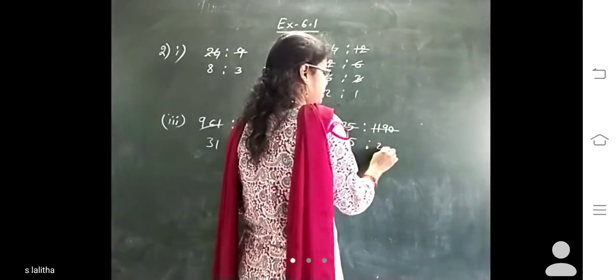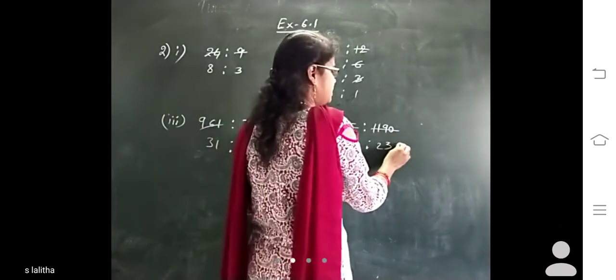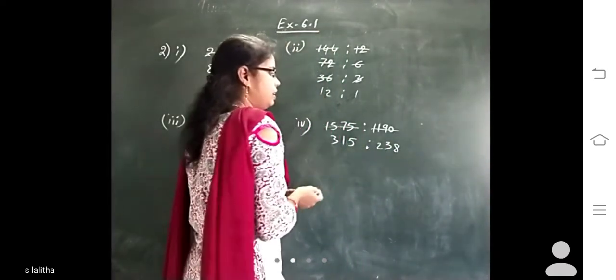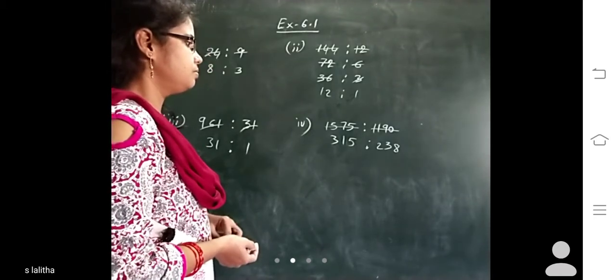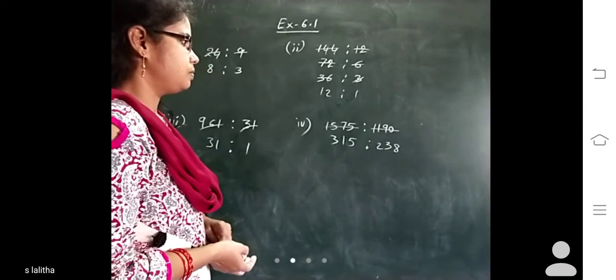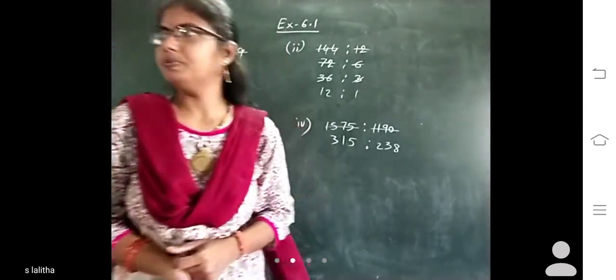Here 5 2s are 10. 5 is remaining, 19. 5 3s are 15. 4 is remaining. 5 8s are 40. Here 5 will come, here 8 will come. Any table possible? If not possible, I can leave it like that.